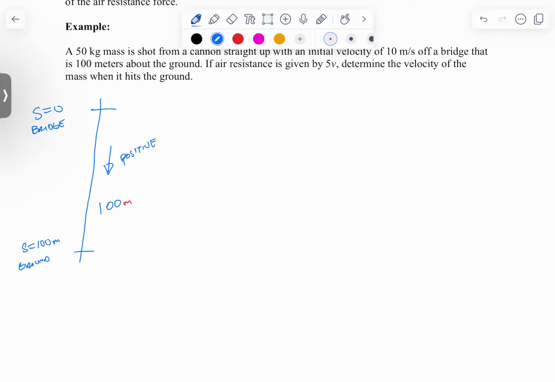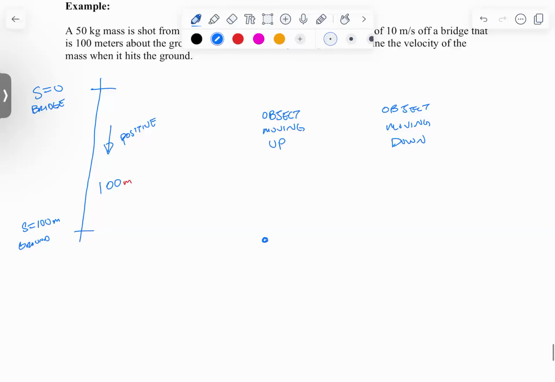All right, a couple of things. We have the object moving up, and similarly we'll have the object moving down. Let's start with the down one.